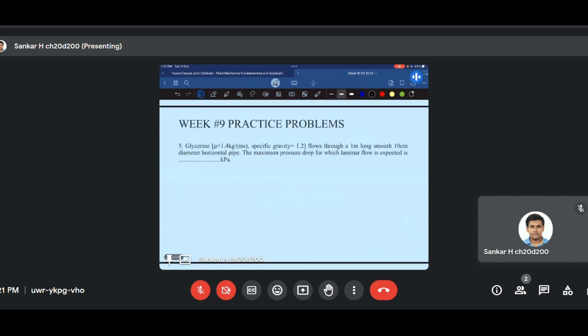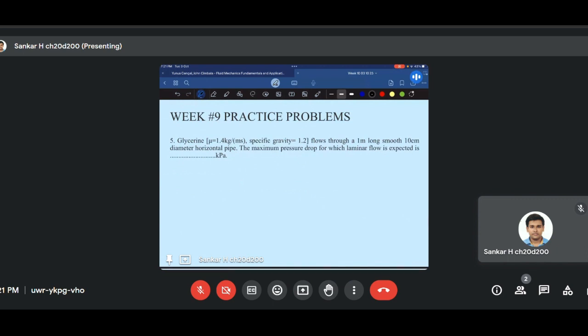Let's complete the last question associated with the non-graded assignments, where glycerine, whose viscosity and specific gravity are given, flows through a 1 meter smooth 10 centimeter diameter horizontal pipe. The maximum pressure drop for which laminar flow is expected is, again, we know that the maximum allowed Reynolds number for laminar flow is 2100, and we equate that to the glycerine's density and viscosity.